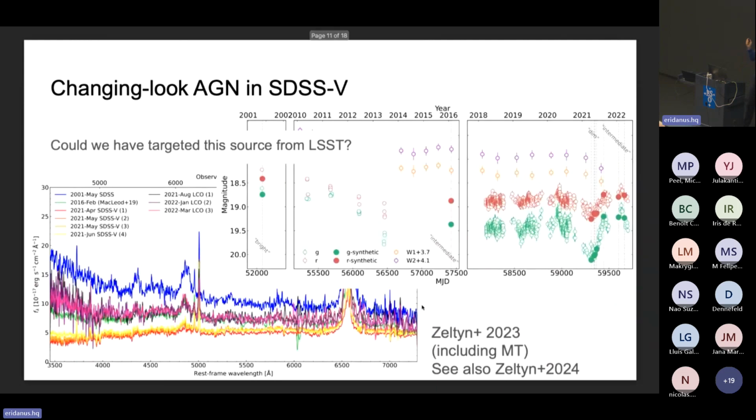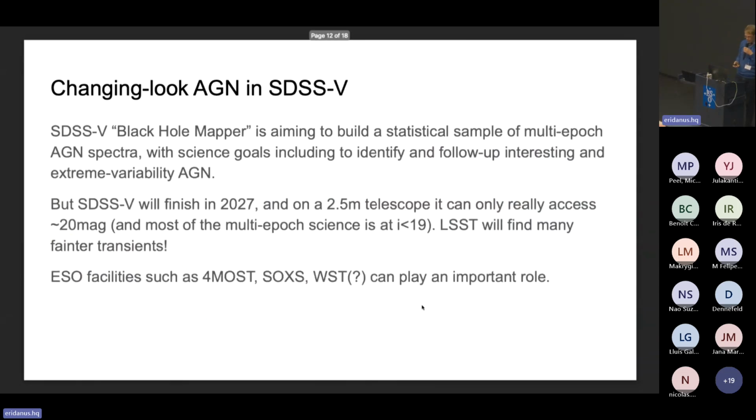We can ask whether we would be able to target this source from LSST. You could also ask whether we would be able to target this source if it was 4 magnitudes fainter, at 23 rather than 19. That's where I think ESO facilities foremost, and possibly WST if it happens in the future, could play a really important role in probing this fainter population.